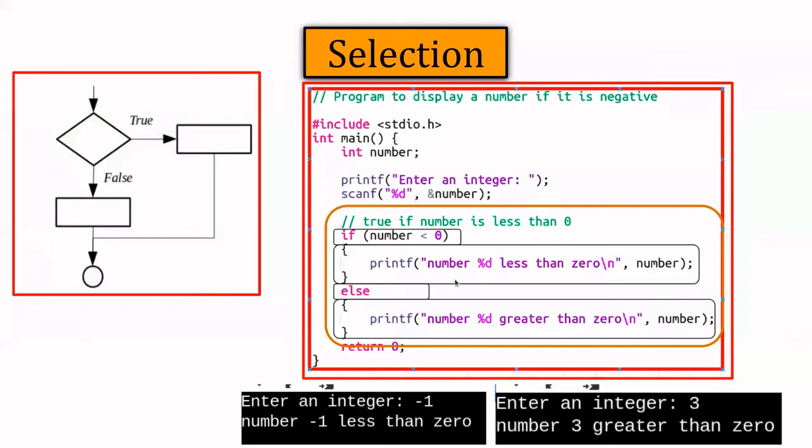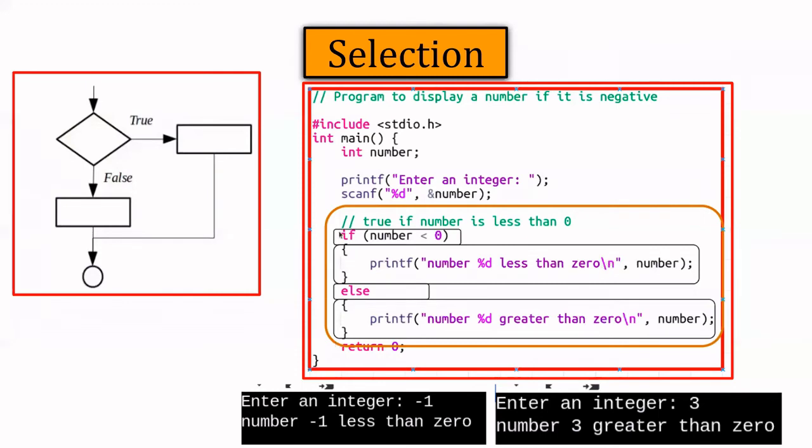If it is less than 0, it will print the number. Here you can see the integer %d is this number. It prints the value of this number. Say we input -1. It will print: number -1 less than 0. This \n sign indicates go to the next line.